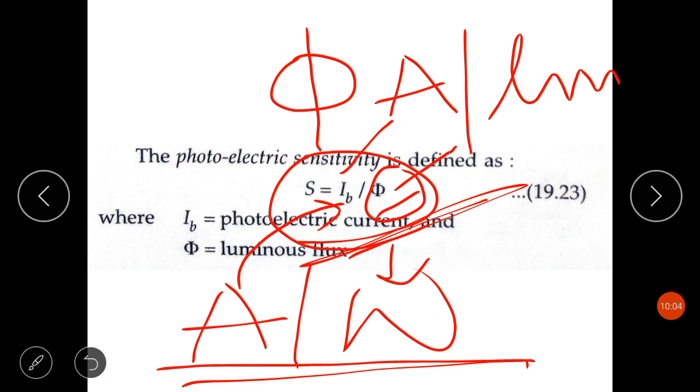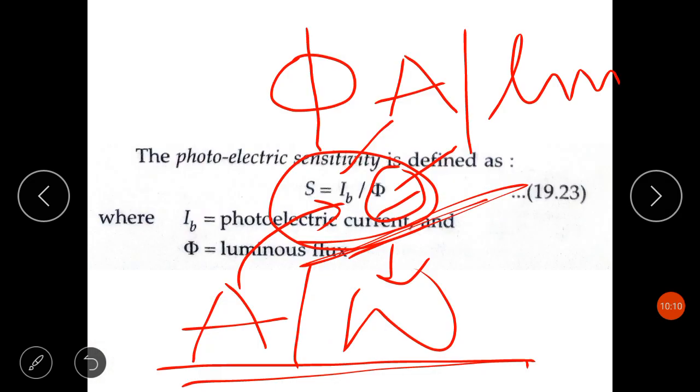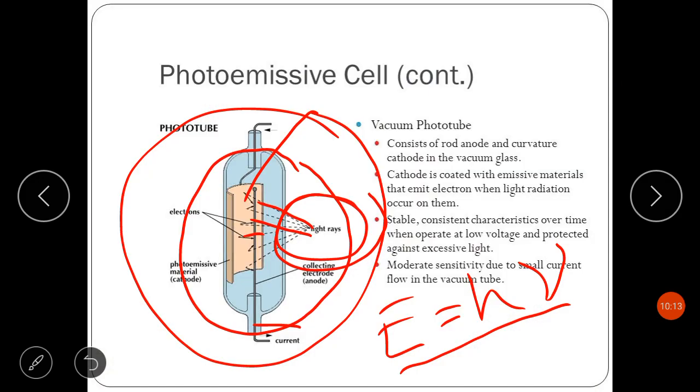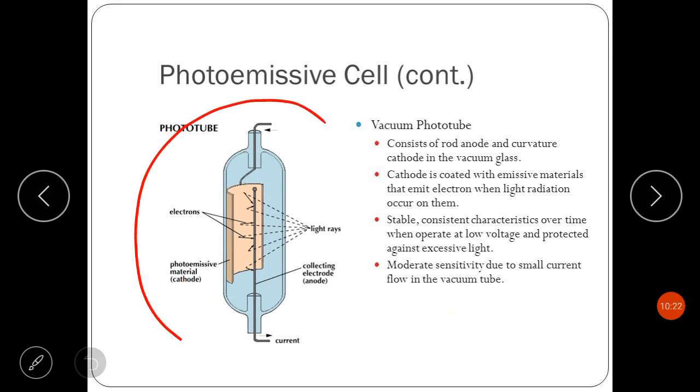Now the advantage of the photoemissive cell is, if I operate this vacuum type photoemissive cell at a low voltage, and if I protect this cell against excessive light, then for a very long time it is going to show stable characteristics.